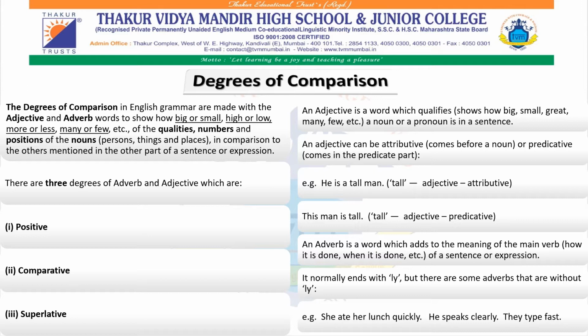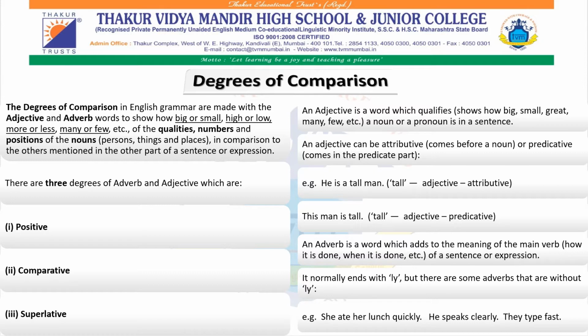For example, she ate her lunch quickly. Okay, so we come to know about the action, that is ate, more about the manner of eating, and quickly is the adverb. He speaks clearly. Okay, about the verb speaks, more we come to know, and that is clearly.